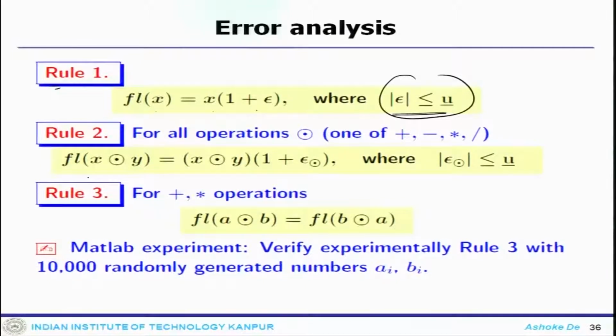Rule number 2: for any arithmetic operation like addition, subtraction, multiplication, division, FL(x dot y) must be (x dot y) times (1 plus epsilon dot), where epsilon dot is again less than or equal to u.